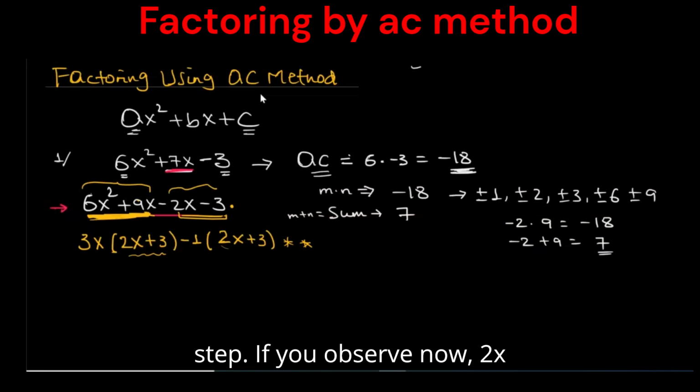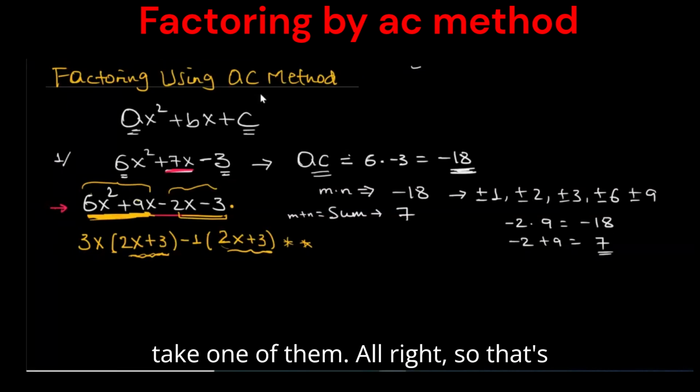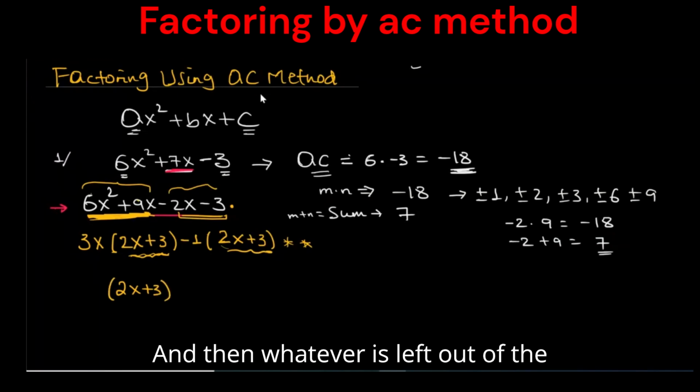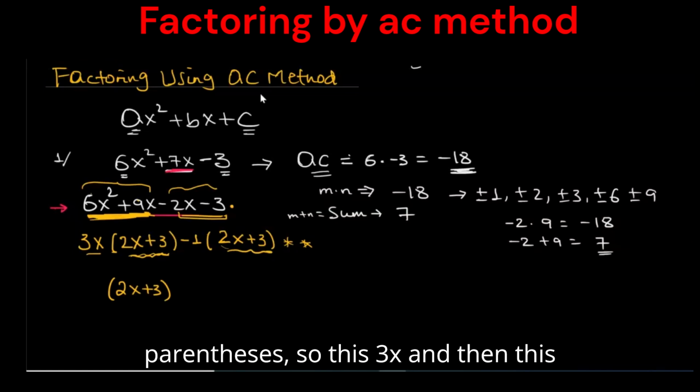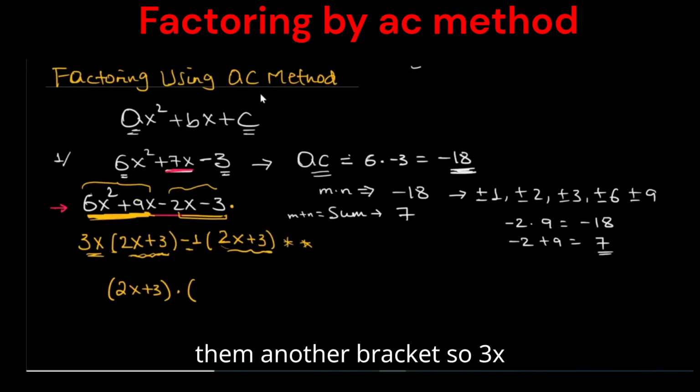Now, the next step. If you observe now, 2x plus 3, 2x plus 3, I have two similar terms. I don't have to carry both of them. I just drop one of them and take one of them. So that's going to be 2x plus 3, and then whatever is left outside the parentheses, this 3x and this one, combine together in another bracket.